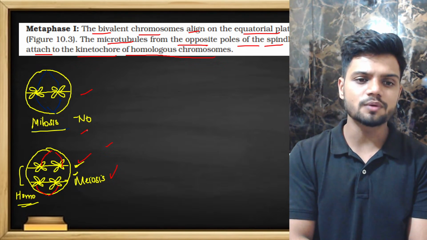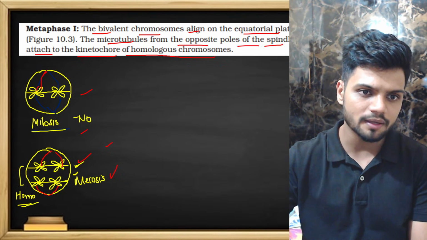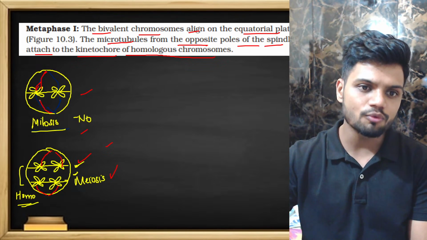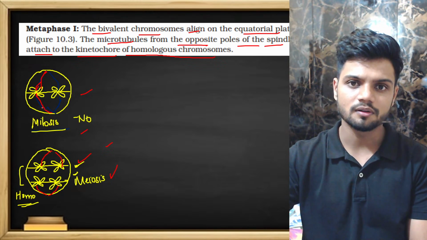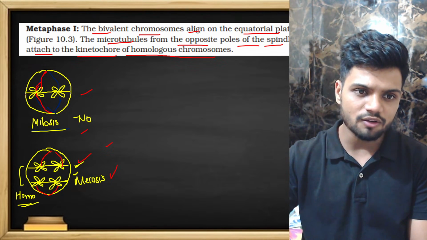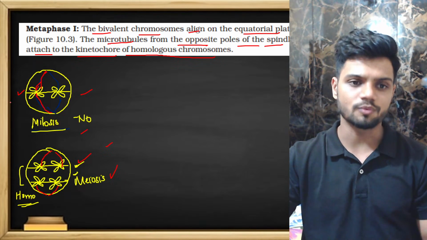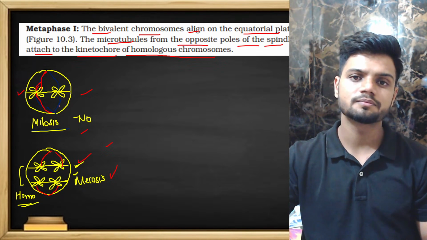If you notice clearly, students, in the case of mitosis, one spindle fiber was attaching to one chromatid's kinetochore, and one more spindle fiber to the other chromatid of the same chromosome. So every chromosome had two spindle fibers attached to it. One chromosome, two spindle fibers.